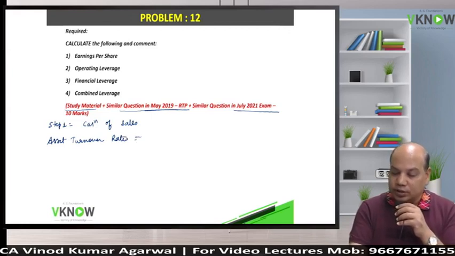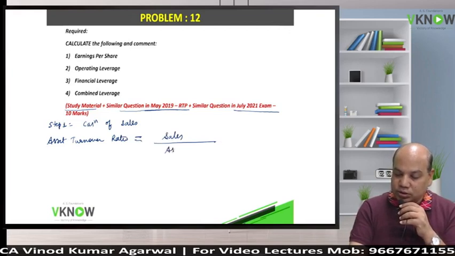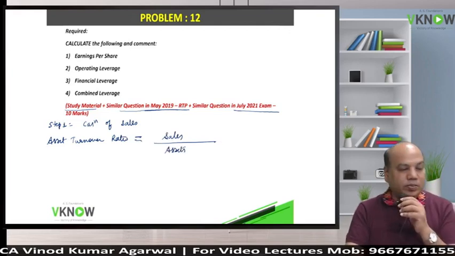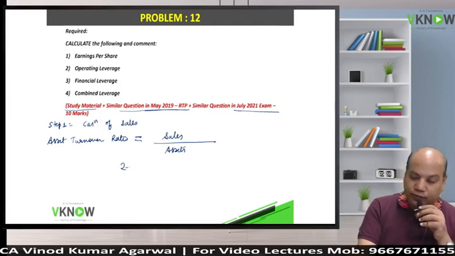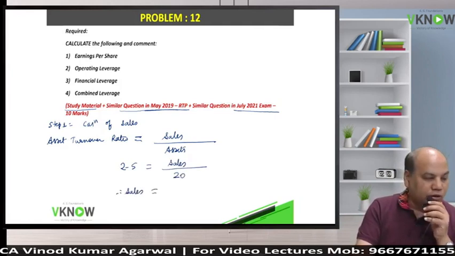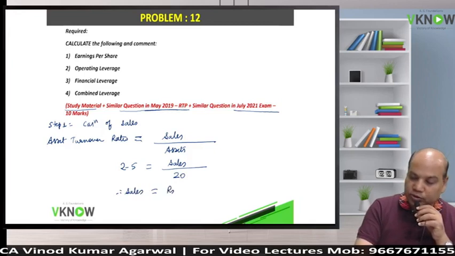Don't go by the name. It is sales upon assets. It should be average asset, but average cannot be calculated, so it's okay. This is 2.5 equal to sales upon total of the asset side, 20 crore. Therefore, sales equal to rupees 50 crore.